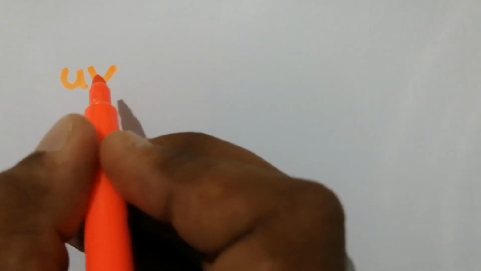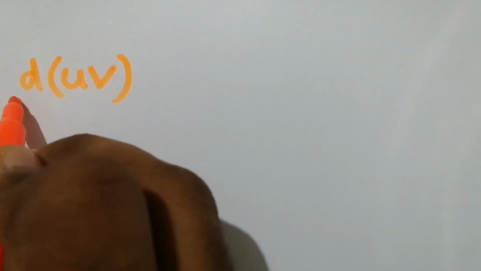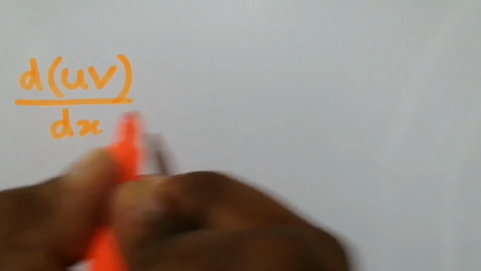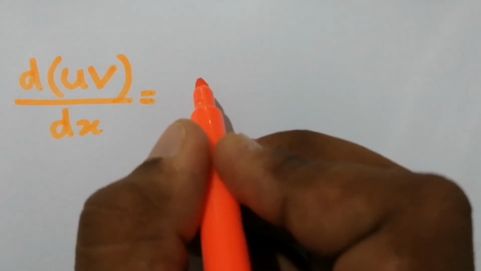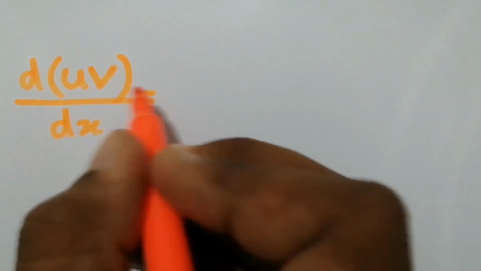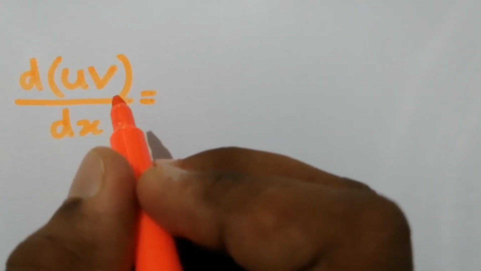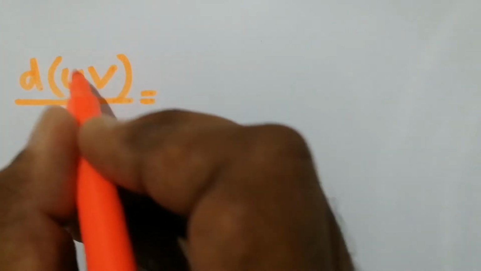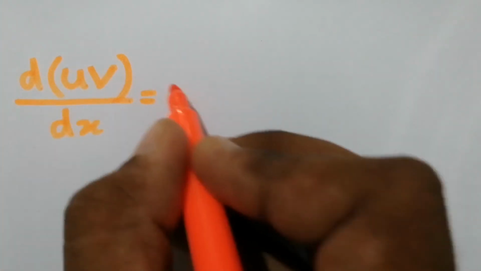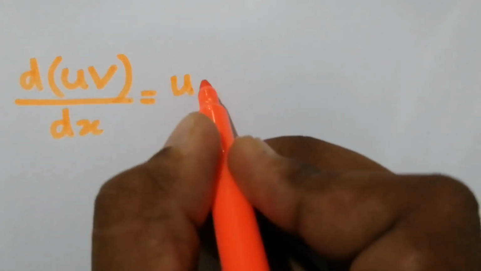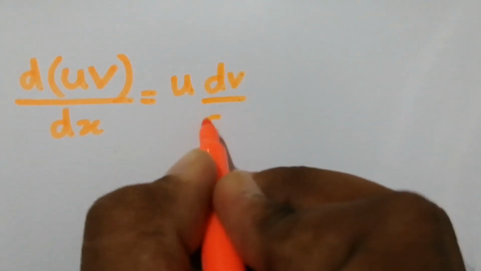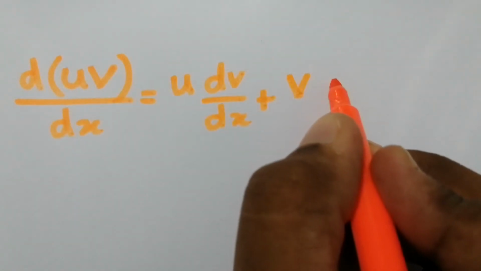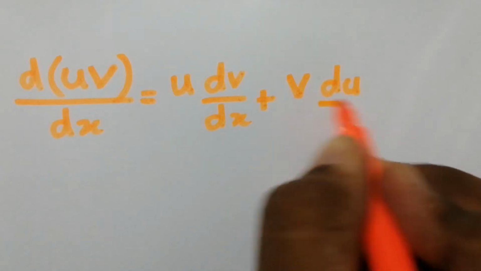Now I am going to differentiate this uv with respect to x. You know already how to derive when it is given as a product of two functions. First function u times the derivative of v, dv upon dx, plus the second function v times the derivative of u, du upon dx.